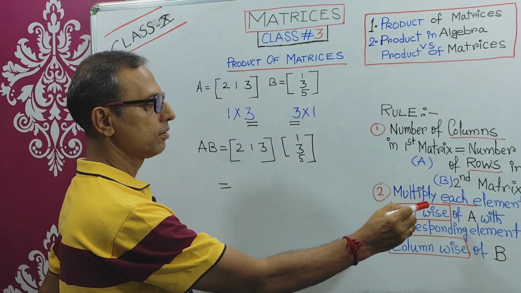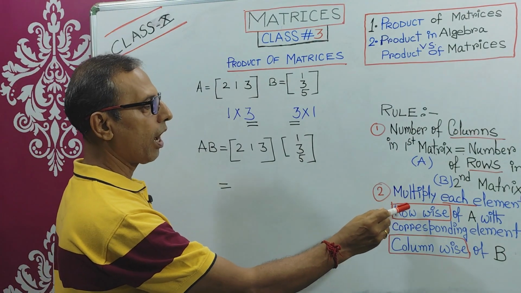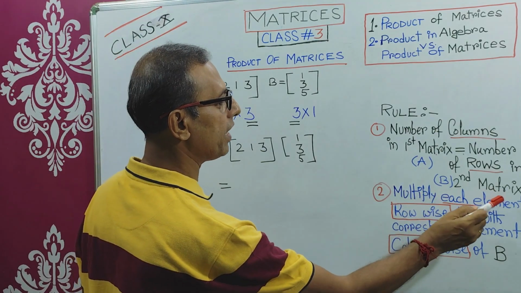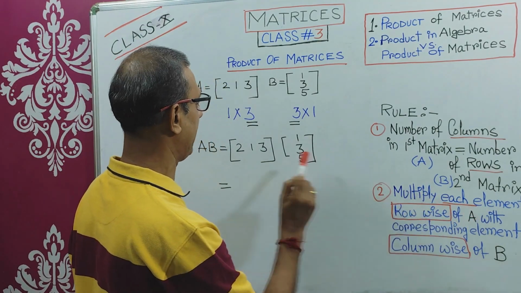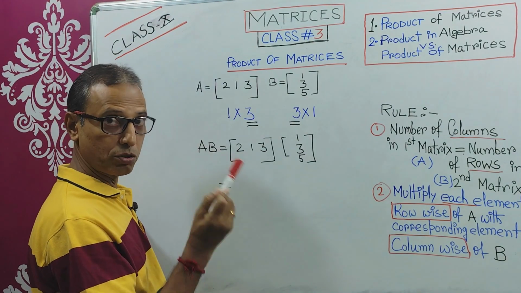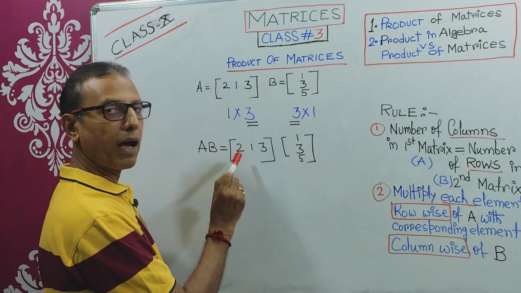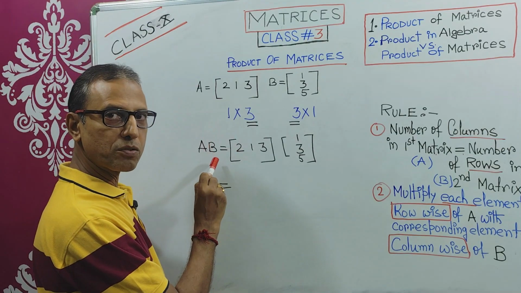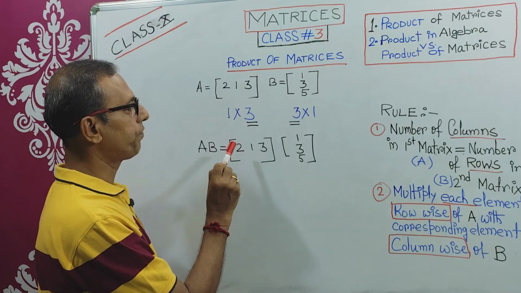Now come to the second point, how to multiply two matrices. Multiply each element row wise of A, where A is the first matrix.